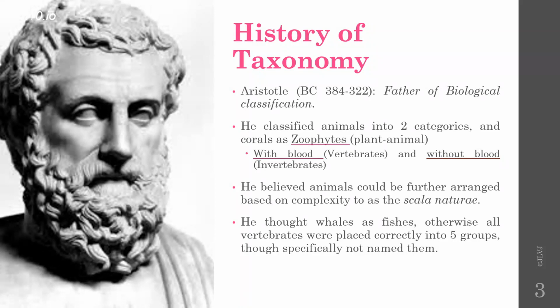Now we know that the majority of vertebrates would be the ones he classified as with blood, and the ones without blood do have blood, but with different pigmentation. So basically he must have classified based on the red color.